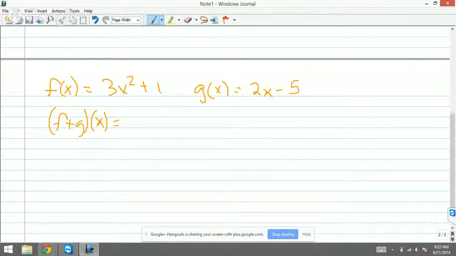All right, so if I add them, the rule says I can just put f of x plus g of x. That's what the rule says. What's my answer?